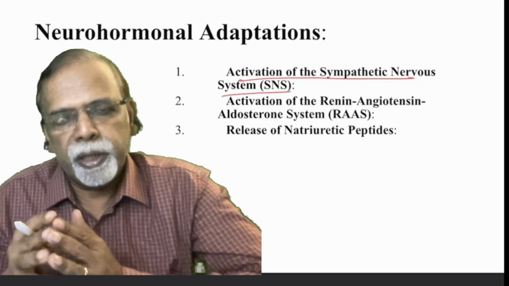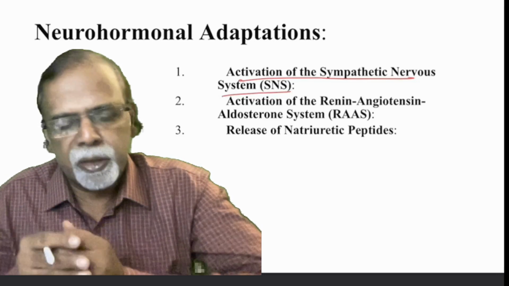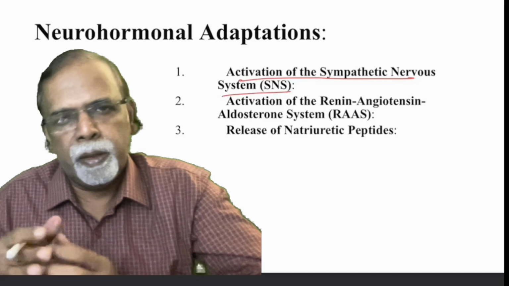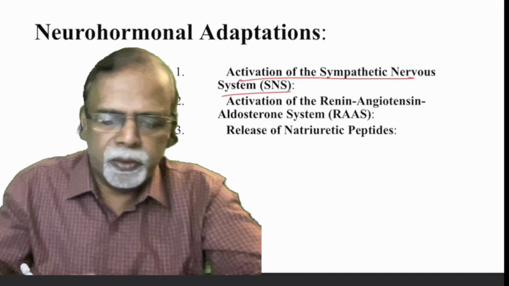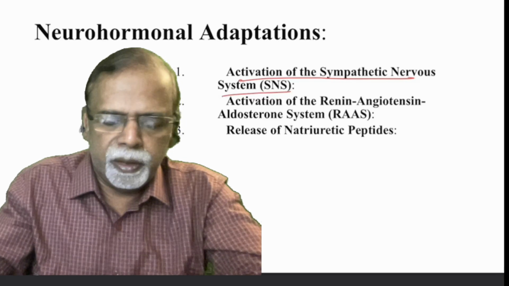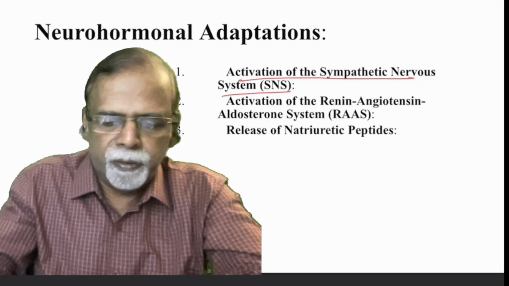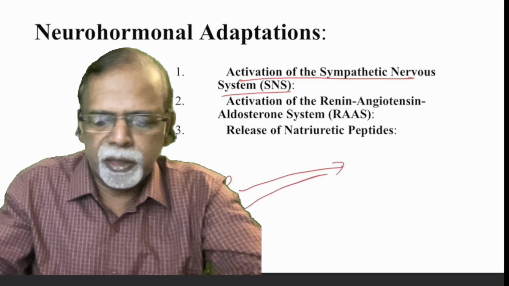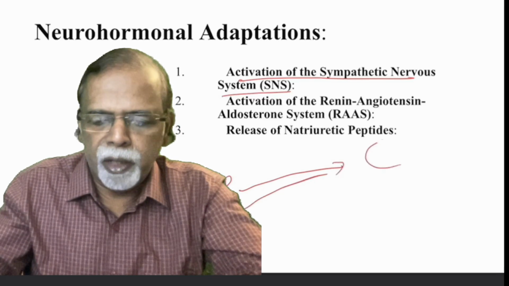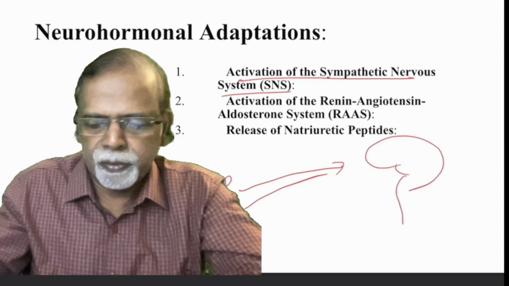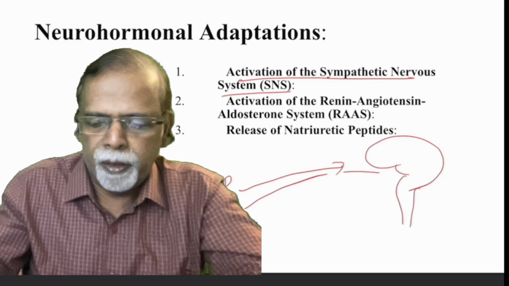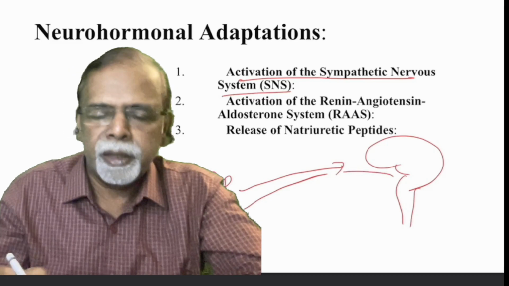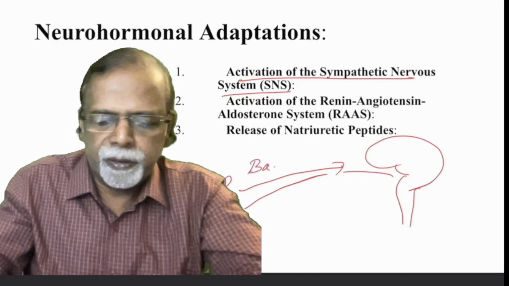When the cardiac output decreases or the blood pressure comes down, the baroreceptor becomes functional. So when the BP comes down, the signals going from the heart via vagus and glossopharyngeal to the medulla are decreased, because baroreceptors are basically stretch receptors.